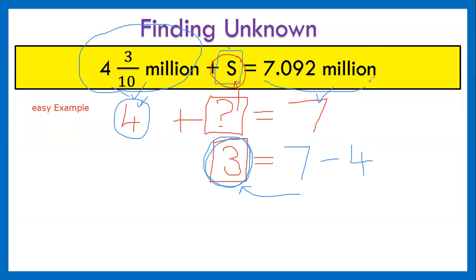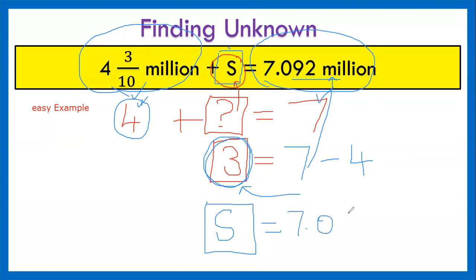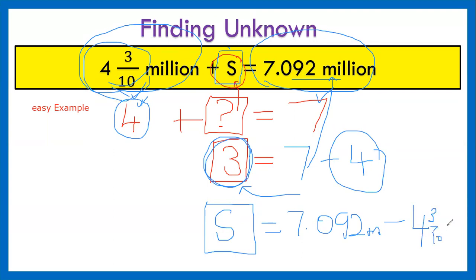And this 7 here is this 7.092 million. Now we replace it. So in order for us to find our S, what do we do? We take the 7, which is now 7.092 million, and minus our 4. What is our 4? Our 4 is 3 over 10 million.